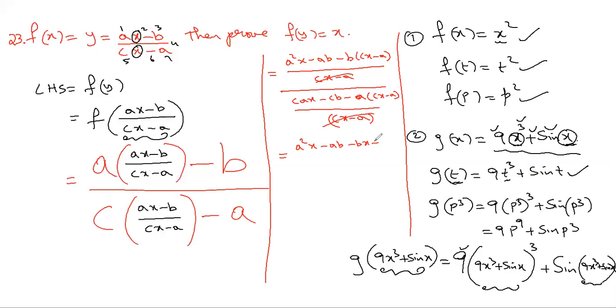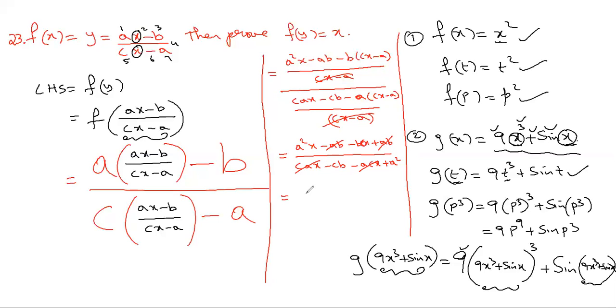Now what do you get? A square x minus ab minus bcx plus ab, all divided by cax minus cb minus acx plus a square. So what would be in the numerator? It will be minus bcx. So the ab and ab get cancelled.